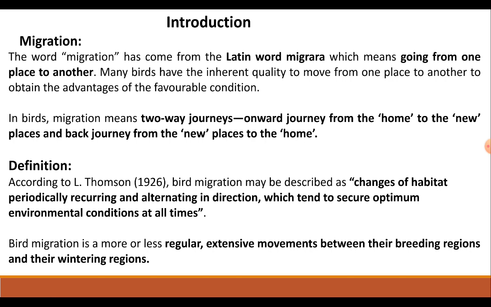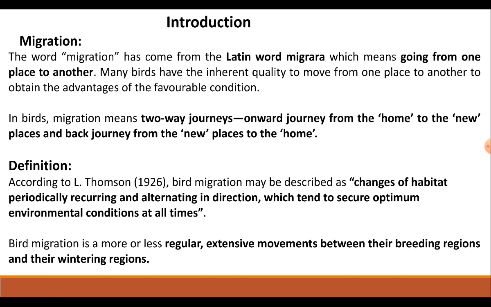In birds, migration means a two-way journey. One is the onward journey from the home to the new places, and the other is the back journey from the new places to their original home.